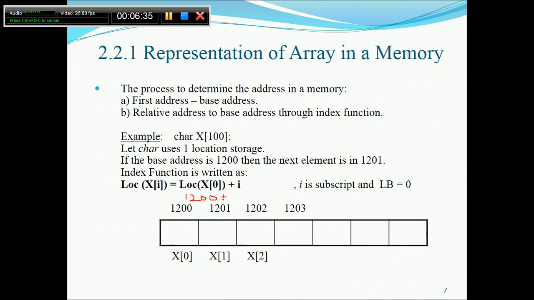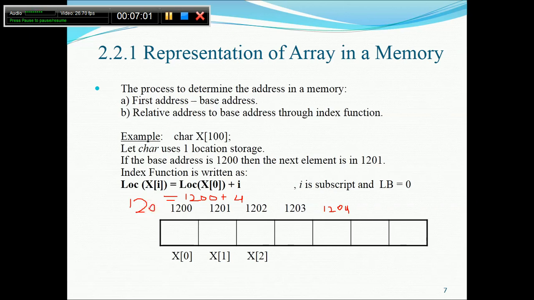Suppose I am looking for the fourth element, so this should be x3 and x4. The indices are 0, 1, 2, 3, 4. I am looking for 4. The answer would be 1204, which is what I am looking for.